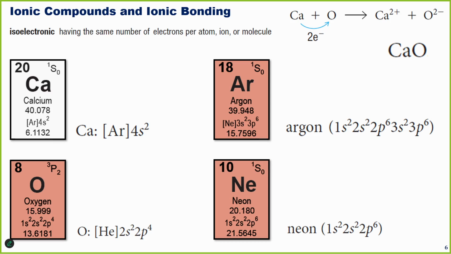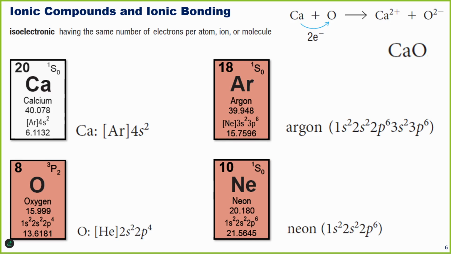Recall that the electron configurations of the noble gases are generally the most stable, right? Atoms and ions are more stable if they have the same number of electrons as the noble gas closest to them in the periodic table. That is, if they are isoelectronic with a noble gas.